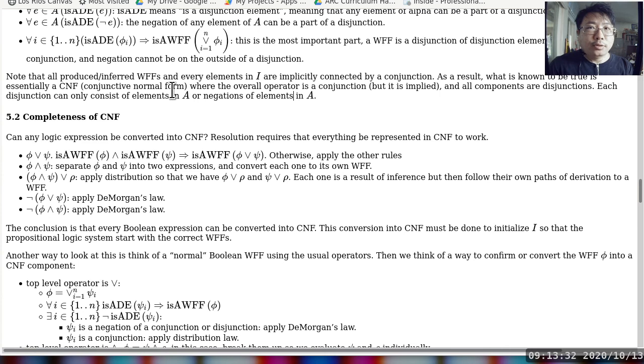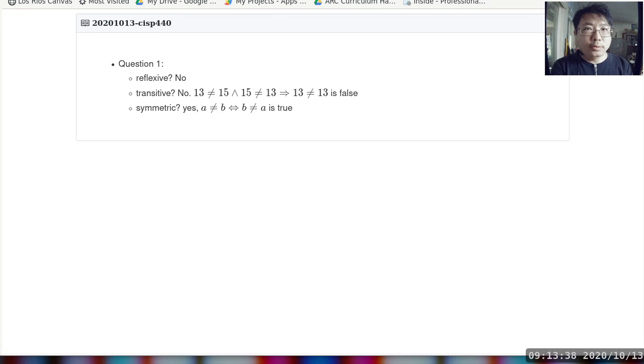So, CNF. Let me just talk about what a CNF is. I just want to give you some examples. This is for the CNF discussion. The first thing is, we want to define alpha.